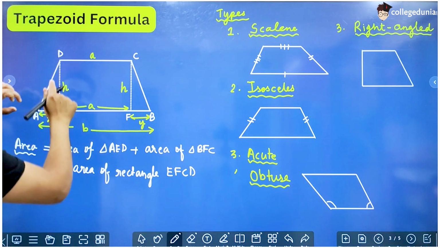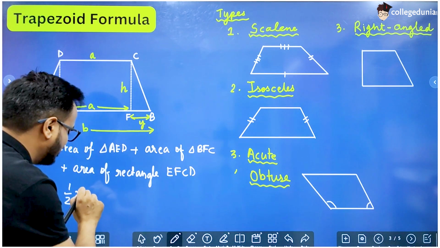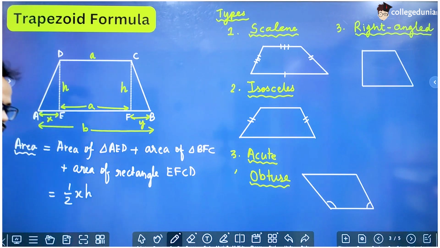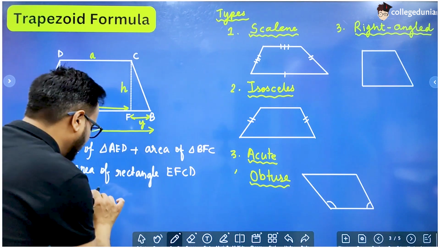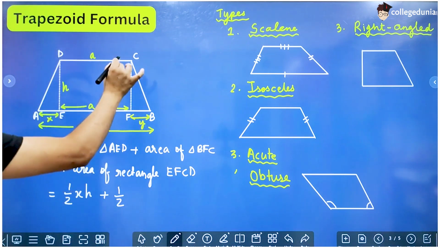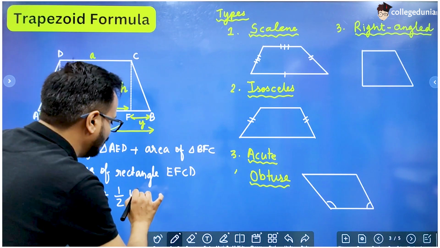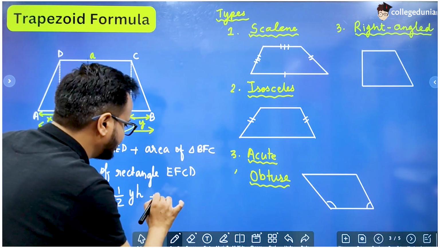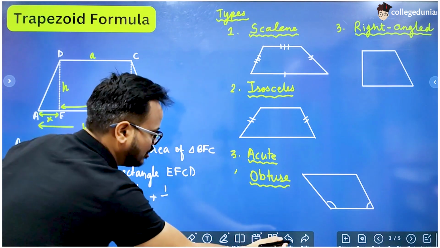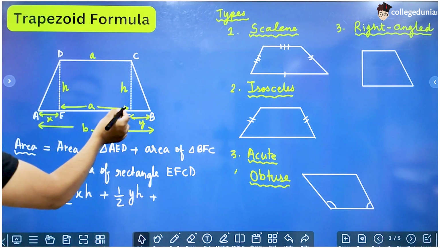So what is the area of triangle AED? Area of a triangle is what? It is half into base, which is x in this case, into height, which is h in this case, right? Plus the area of the other triangle. The area of this triangle is half into base, which is y, into height, which is h, plus the area of rectangle EFCD.